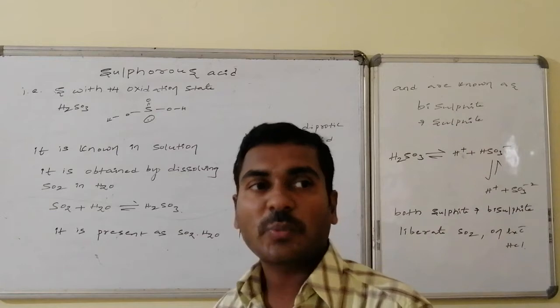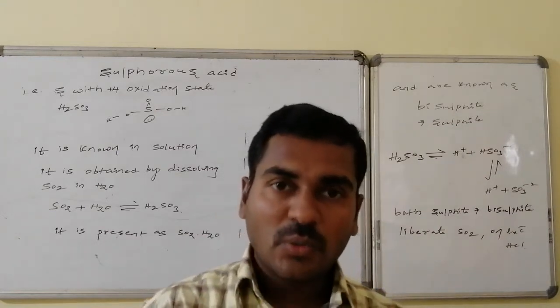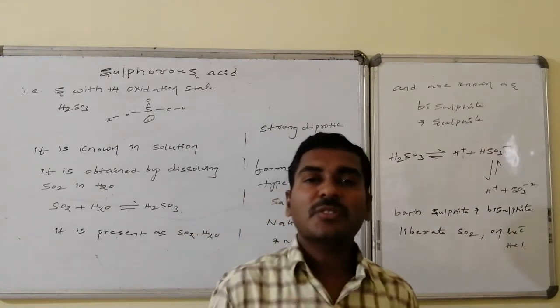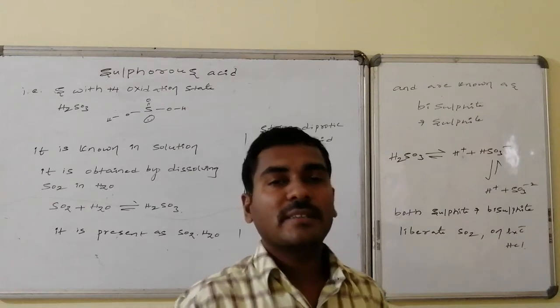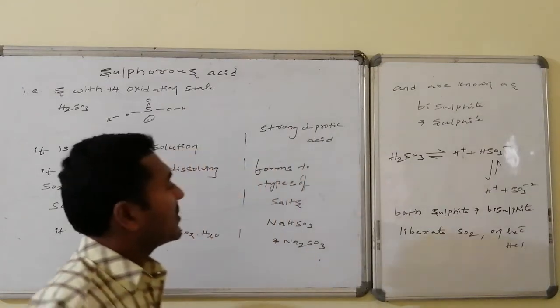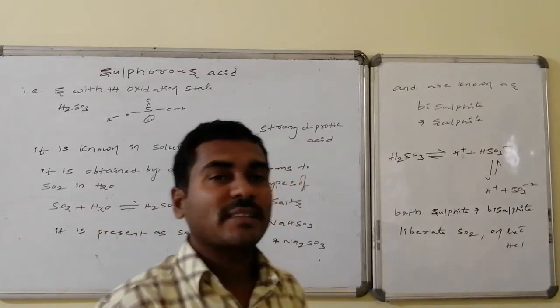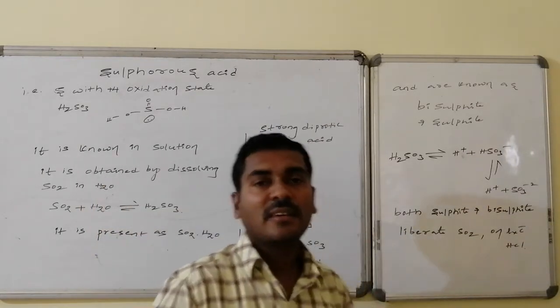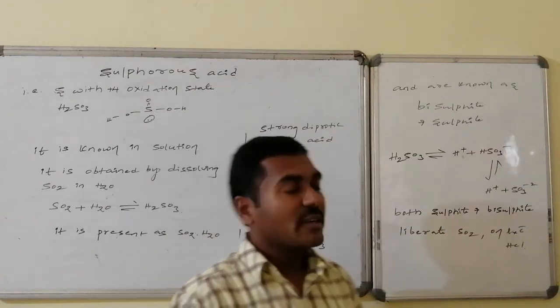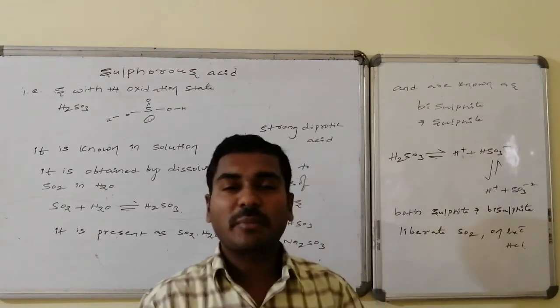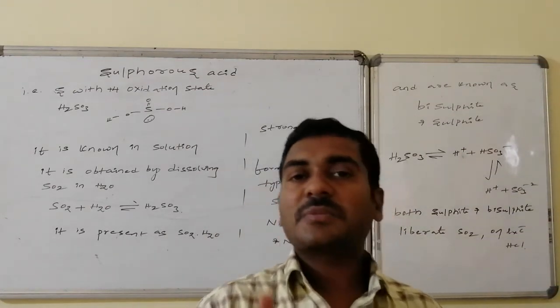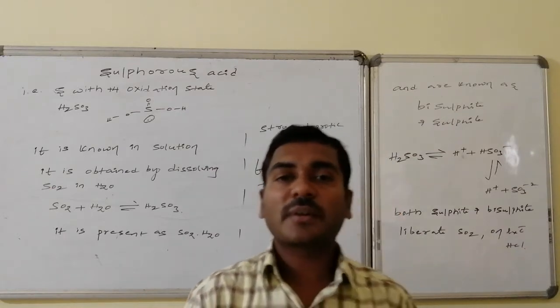It liberates two protons. With the loss of each proton in succession, it forms different varieties of salts, those anions being HSO3 minus and SO3 2 minus. On dissociation, in the first step it forms H plus followed by HSO3 minus, which still has another OH group.